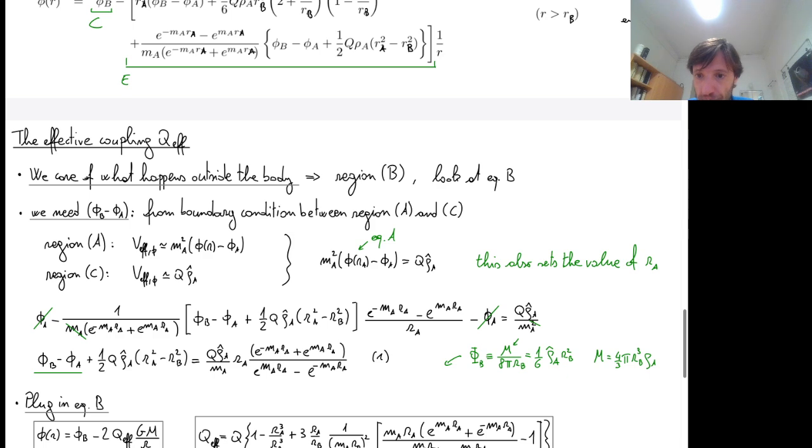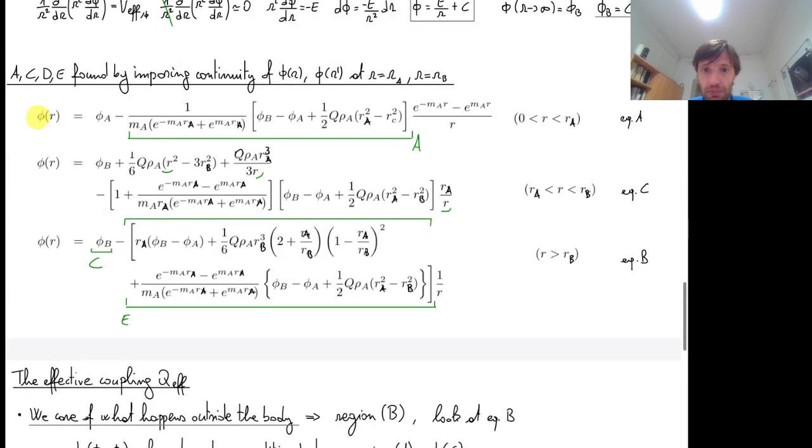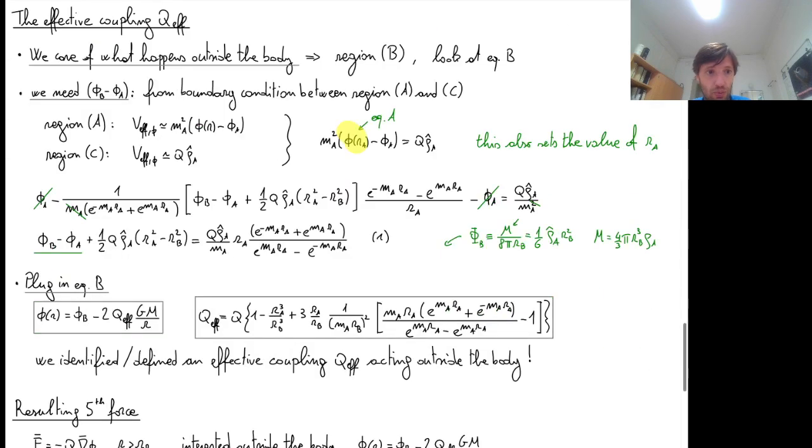Then we have an expression of phi at R_A, but this must come from equation A. Remember that this is from region A. So here we have to plug this expression, where here and here we have R_A, because we are looking for the touching point between the two regions. So we get this expression and we plug it in here. Nice. If you do that, you get this lengthy expression.